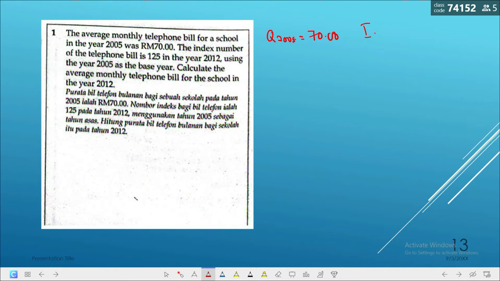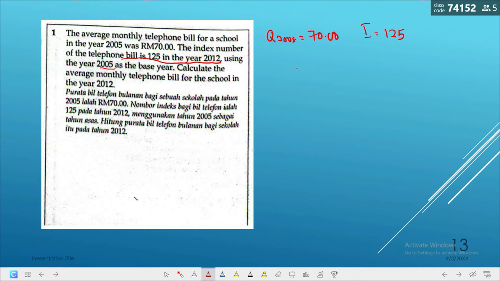This one they give you the index, which is 125, meaning the bill increased. They ask you to calculate the average telephone bill for the school in the year 2012.